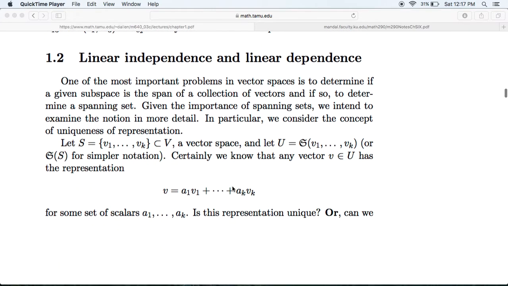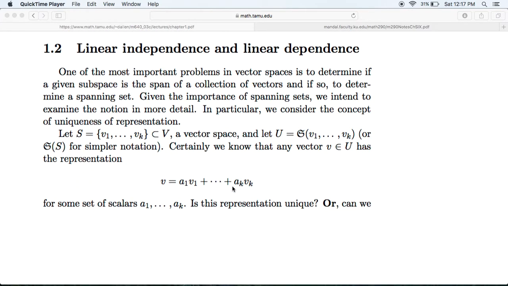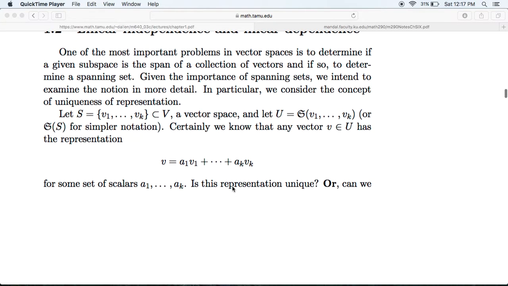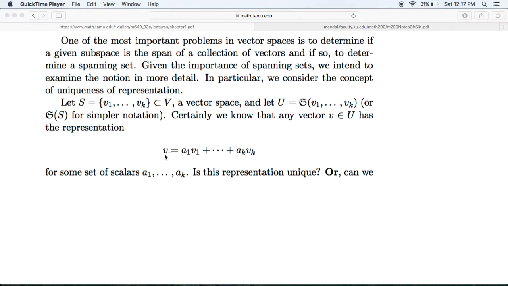Now, an important notion which is called linear dependence or independence. Now consider a linear combination of this sort.